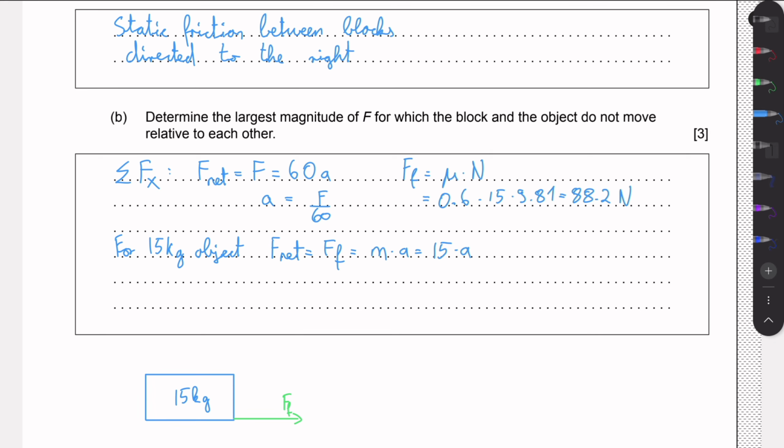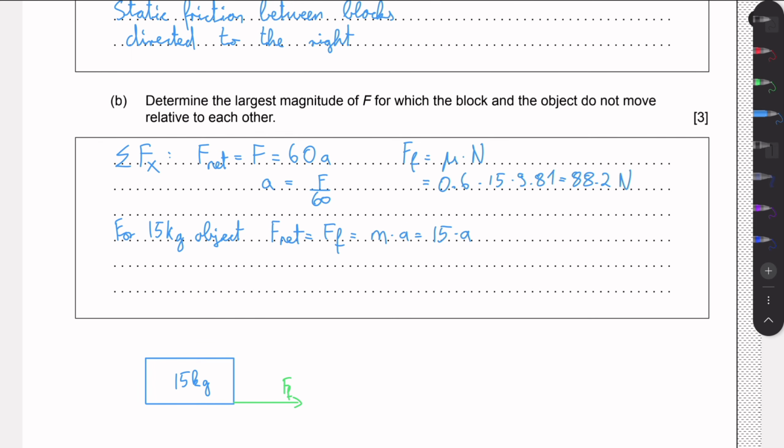So what we can do now is plug this acceleration quantity into here. We know the frictional force, so this and this are obviously the same. We know that 15 times a is 88.2. So 15 times F over 60, which is the acceleration, is equal to 88.2.